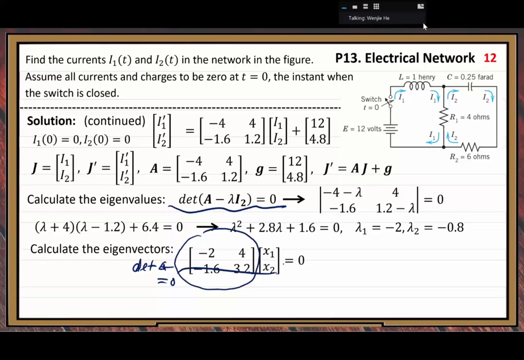Yes, because the second equation does not provide any new information. The second vector is basically just a constant multiple of the first vector. Here, let's say 0.8. If we multiply the first vector by 0.8, we get the second vector. So no new information is provided from the second row.